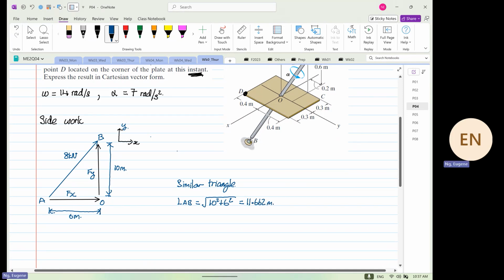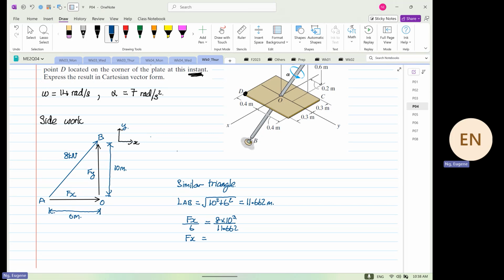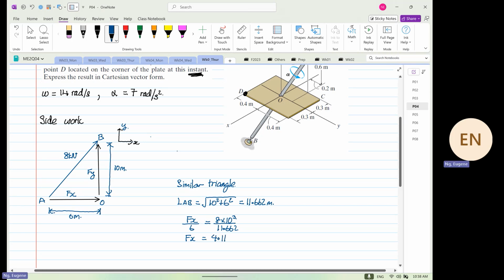So from here, we can write Fx over 6 is equal to 8 times 10 to the power 3 divided by 11.662. So Fx is equal to 8 times 10 to the power 3 times 6 divided by 11.662, which is 4.116 times 10 to the power 3 Newton.